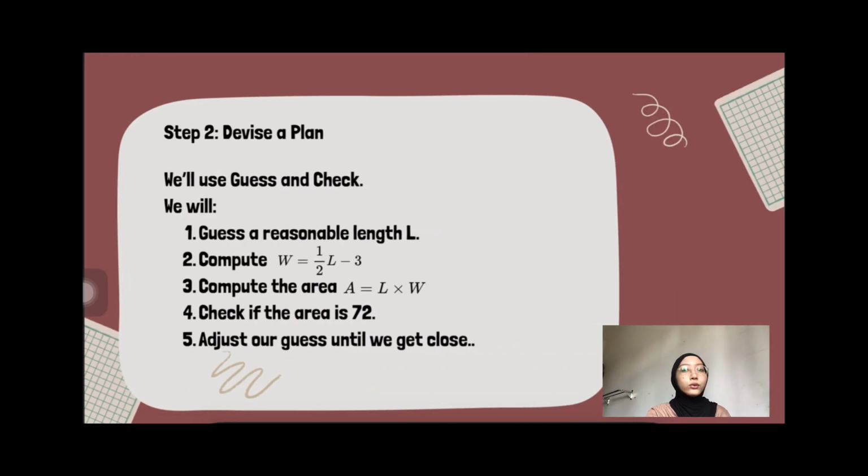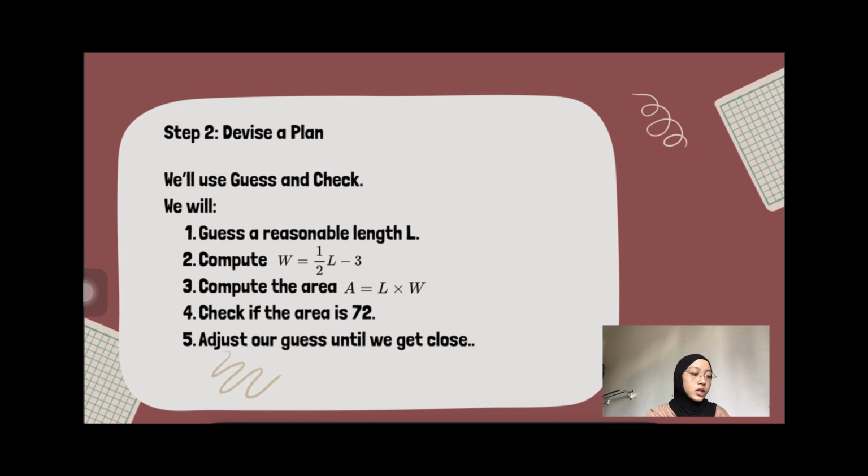Let's move on to step 2. Step 2, we need to devise a plan. We use the guess and check method. First, we guess a reasonable length. Second, we compute width equals 1/2 length minus 3. Third, we compute the area, which equals length times width.